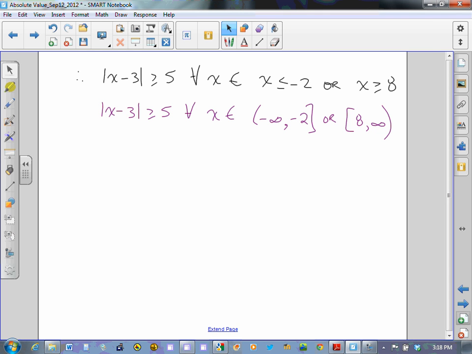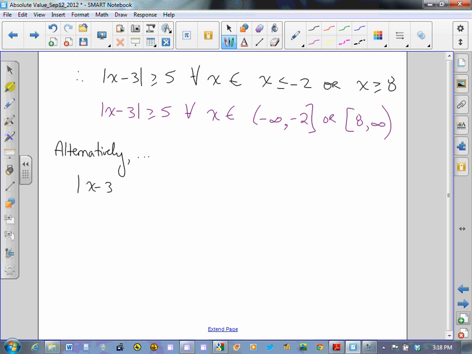Now notice that I did write "alternatively" on the previous slide. Aside from using a number line, what we could do is the following. We could use our definition of absolute value as follows.